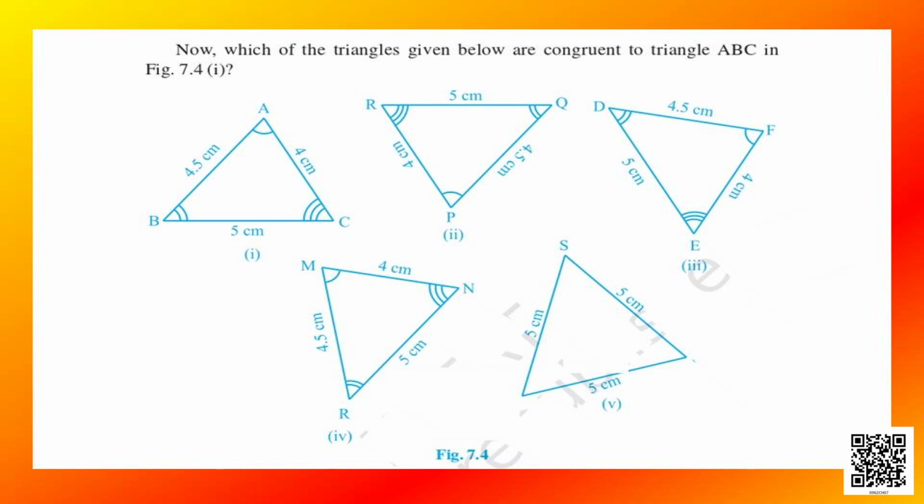If I rotate the triangle that is in figure 2, what we see is that the vertex P goes upward and the base RQ comes downward.